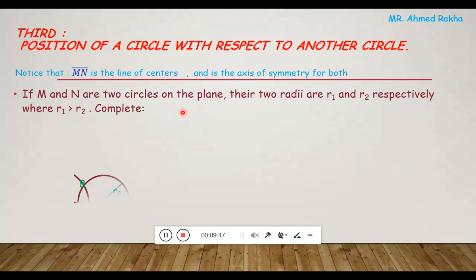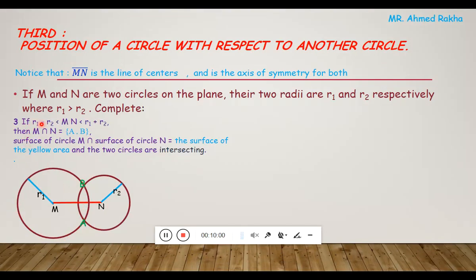We will complete here. Here the circle N intersects the circle M in two points A and B. If R1 minus R2 is less than MN, and MN is less than R1 plus R2, that means the length of MN is between the difference of the two radii and the summation of the two radii, then M intersect N equals A and B. We now have two points of intersection, and the surface of the circle M intersect the surface of circle N equals the surface of the yellow area.